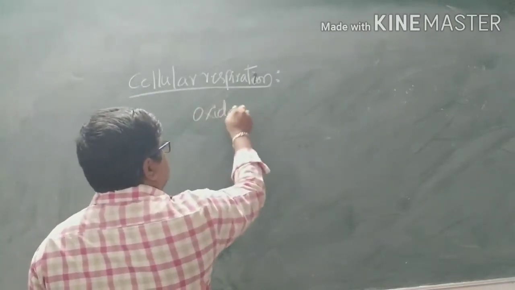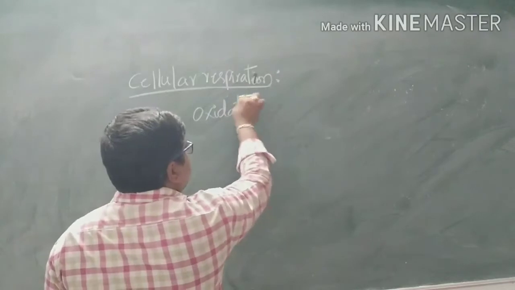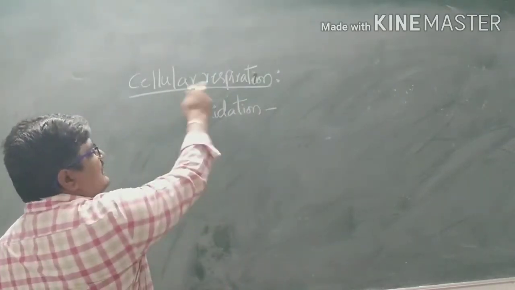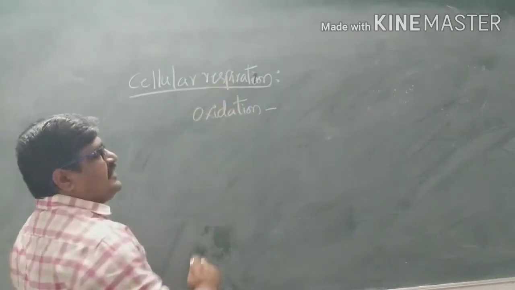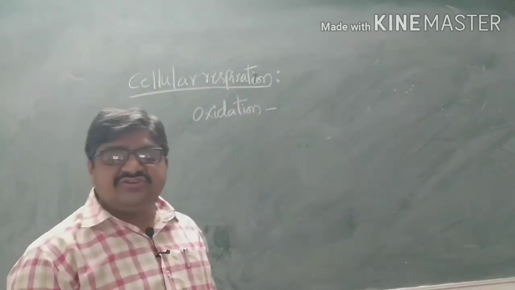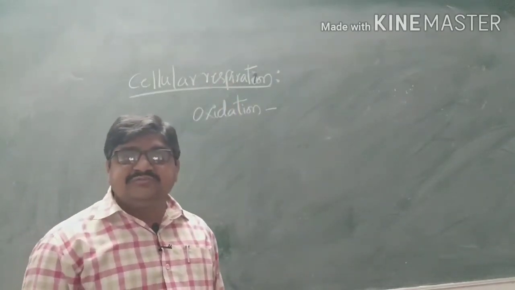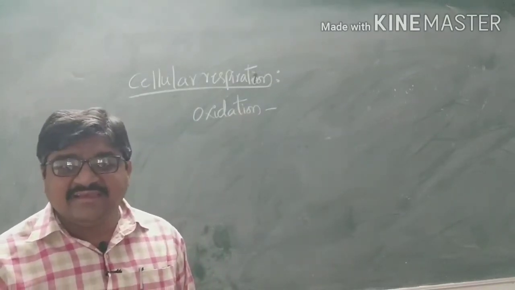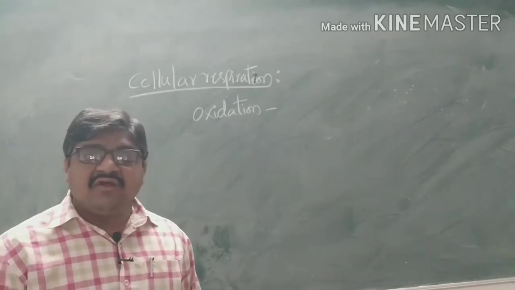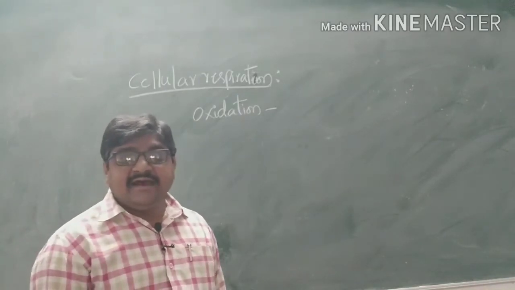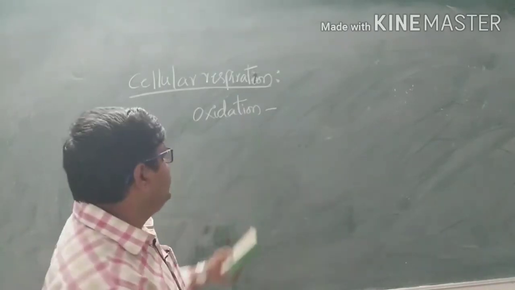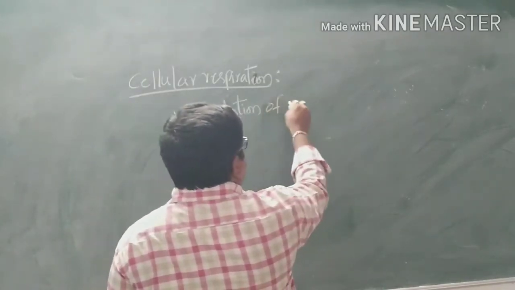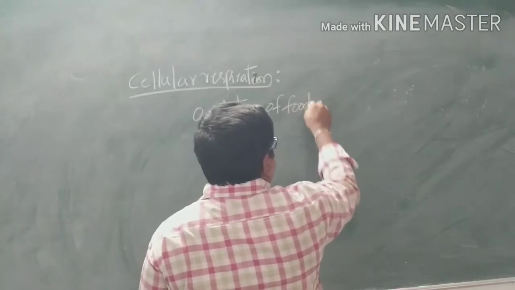When oxidation takes place, what happens? Already we know that respiration means oxidation of food materials, which produces energy in the form of ATP. The cell utilizes that energy for its metabolic activities.